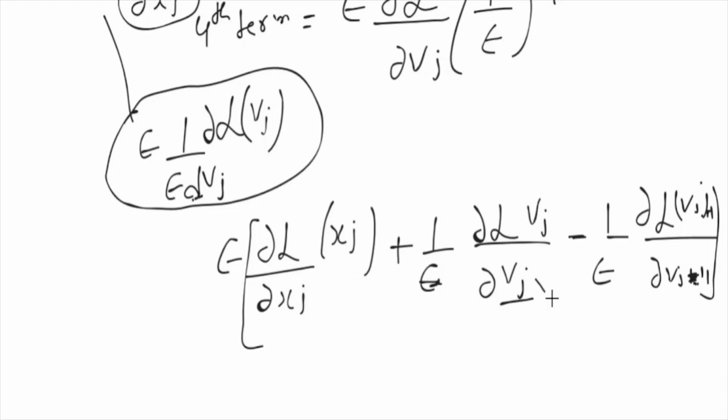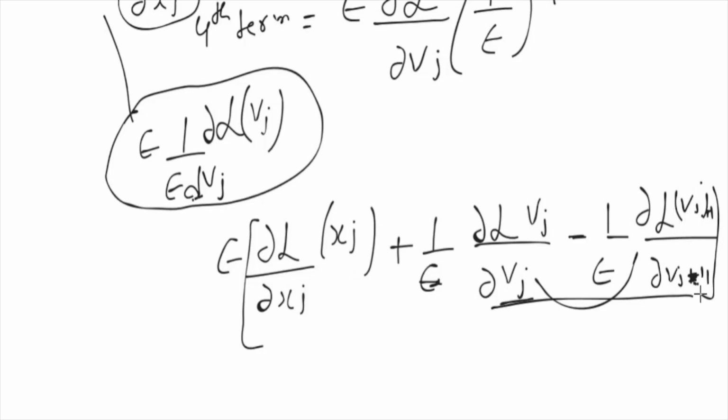So what is this? These two terms are the difference of functions at two neighboring points divided by epsilon. And what is the difference of two functions? This is one function, this is one function, but this is the derivative of Lagrangian with respect to velocity.